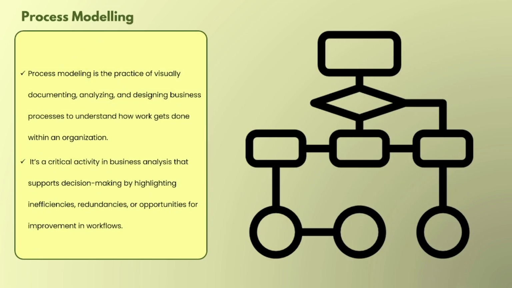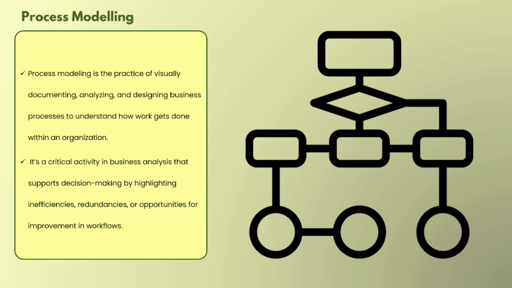Process modeling is the practice of visually documenting, analyzing and designing business processes to understand how work gets done within an organization. In simple words, process modeling is just about drawing out how work happens in business. It shows who does what and in what order so that we can find gaps, fix issues and make things smoother.